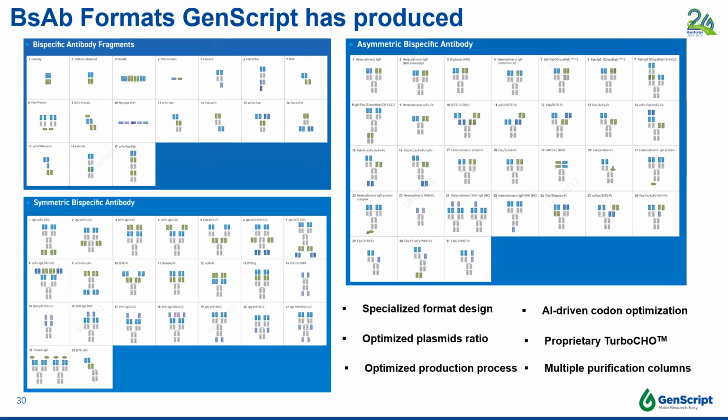So far, Genscript has successfully produced more than 60 different BsAb formats. With the specialized format design, AI-driven code optimization, optimized plasmid ratio, proprietary TurboCHO platform, optimized production process, and multiple purification methods, Genscript can help you to achieve your BsAbs.